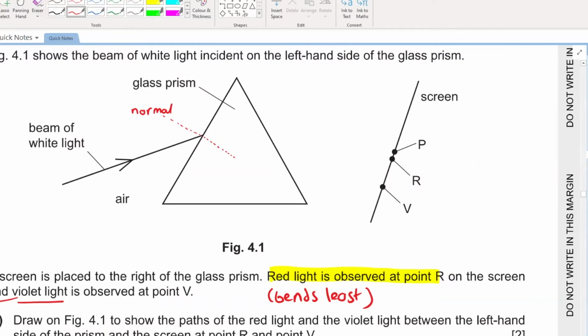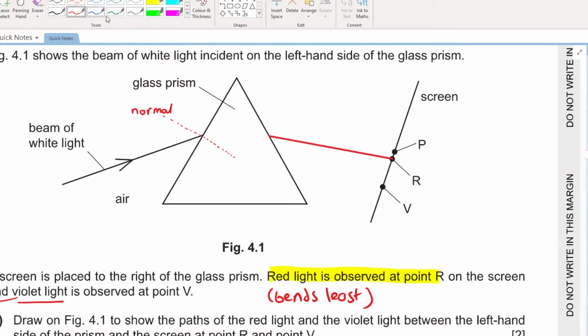Now, secondly, what will you do? You cannot draw it by guessing. No, no. You have to draw it correctly. So first of all, you can do reverse engineering. You can say the red light's ray will be coming somewhat like this.